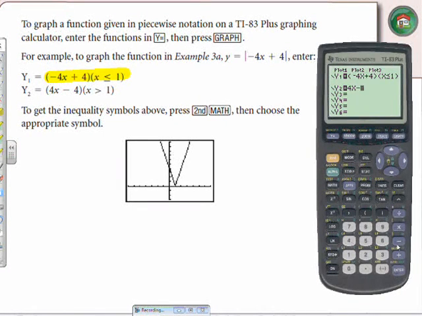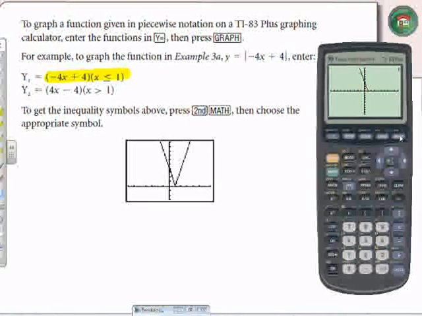Put in the other side now. 4x minus 4. Oops, got the bracket. Bracket, and then put in your x, second now, and down we want number 3, and 1.